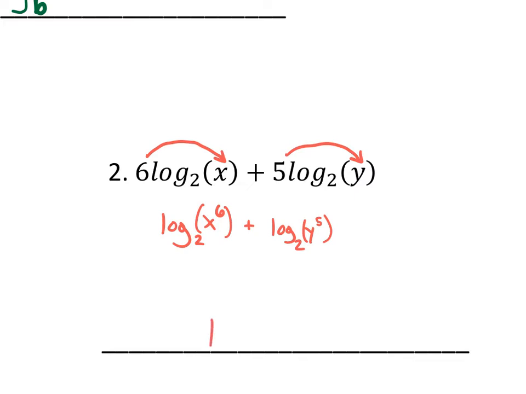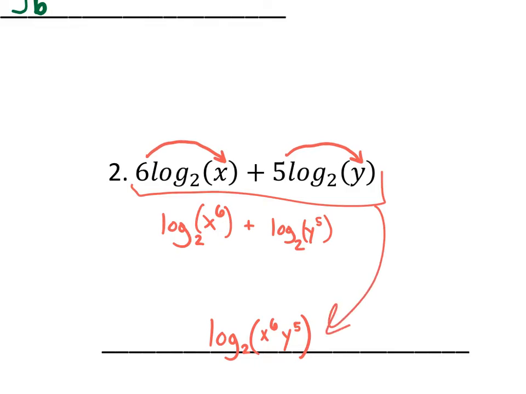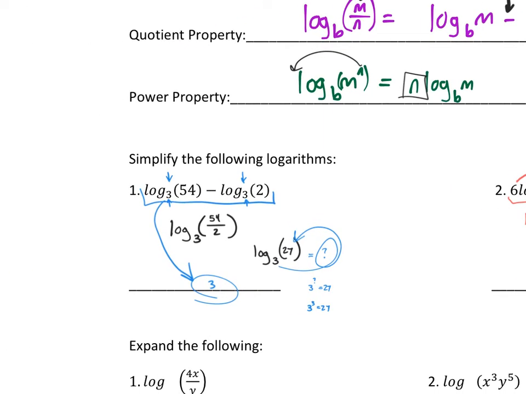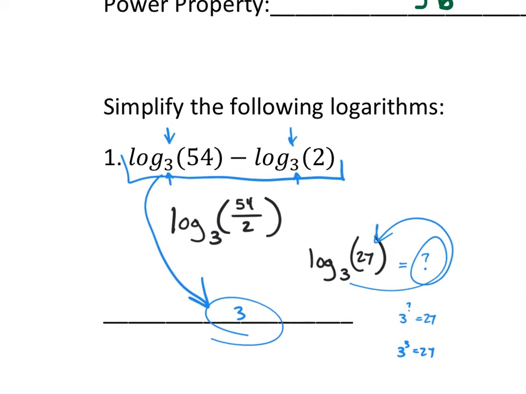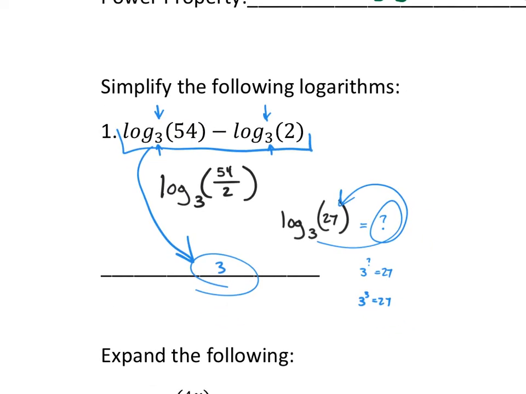And then using the above properties, we could condense this down to log base 2 of x to the 6th multiplied by y to the 5th. So all we're doing right now with the properties is just switching things around from being in multiple pieces into one piece. Other times, we will be given multiple pieces, and we can shrink it down.